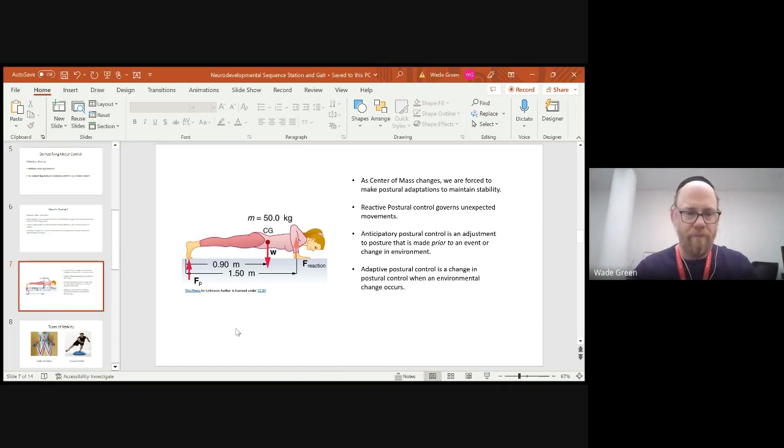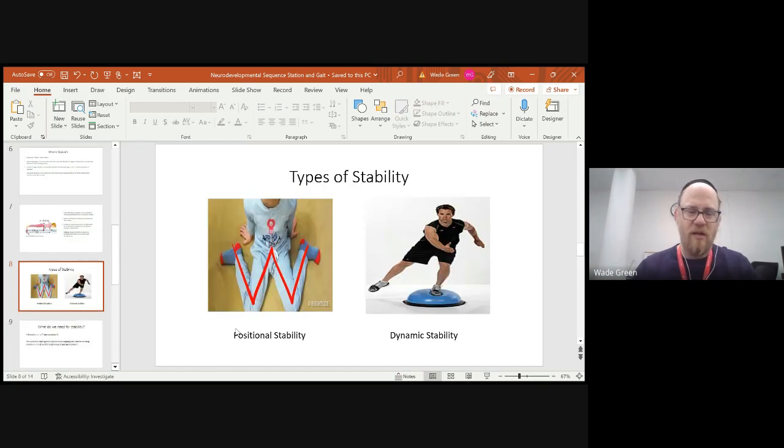All right. So when we talk about types of stability, guys, there's positional stability, which is analogous to station and base of support, and then we have dynamic stability. Which one of these do you think is generally going to be more necessary for athletic activity?